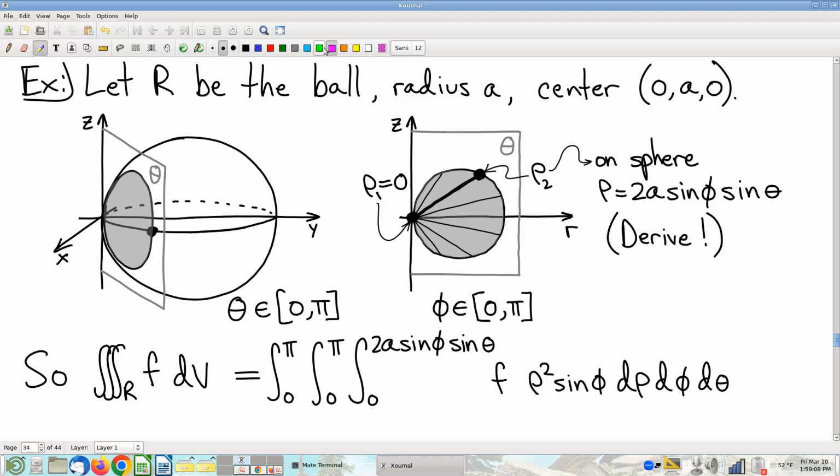Here you go. Starting with theta. Here's what a theta slice looks like, the actual cross section that it makes. It's a disc, right? You take a ball, you cut through it with a plane, you're going to get a disc cross section. Everybody see that? For which values of theta do you get these disc cross sections?